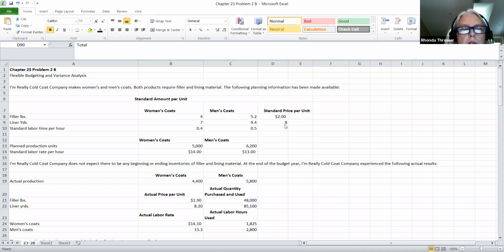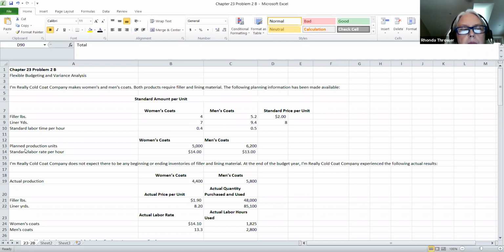And they've given you the standard price for the liner, which is $8. They've also told you that the liner is going to be measured in yards, and it takes 7 yards to produce one woman's coat, 9.4 yards to produce one man's coat.